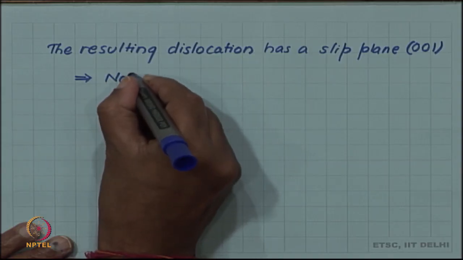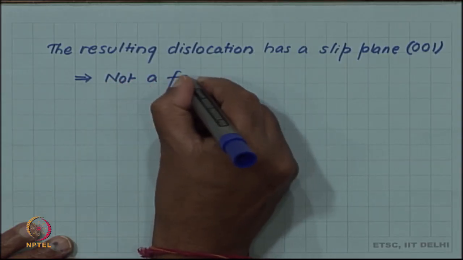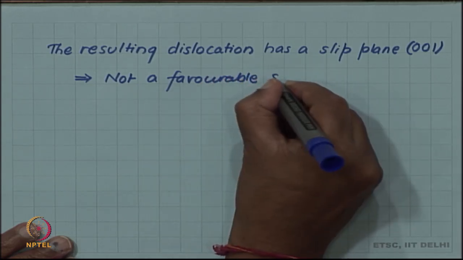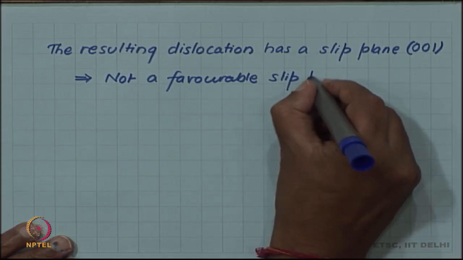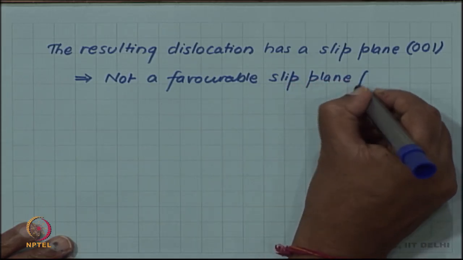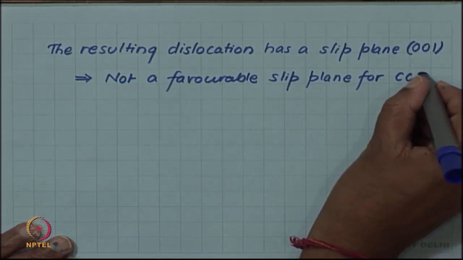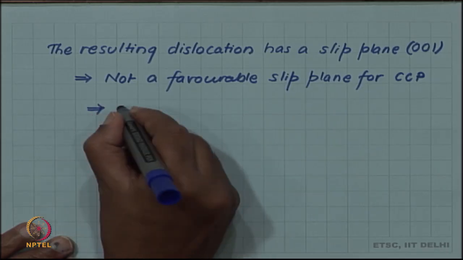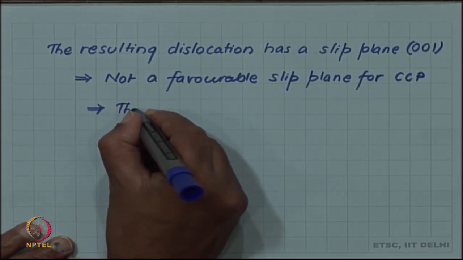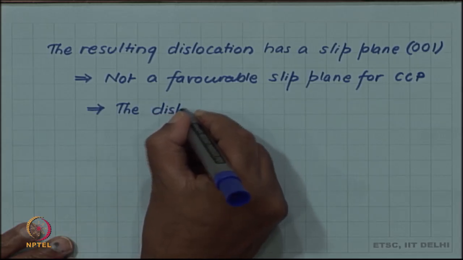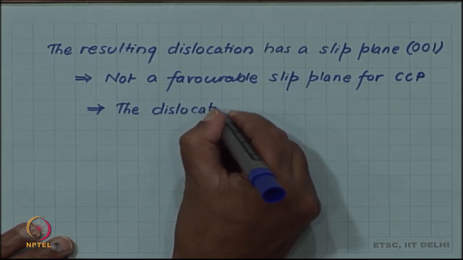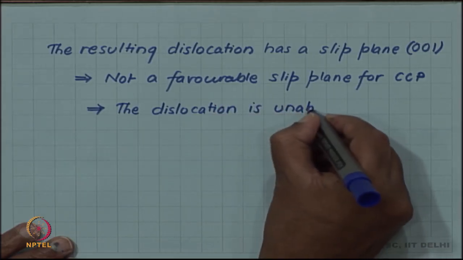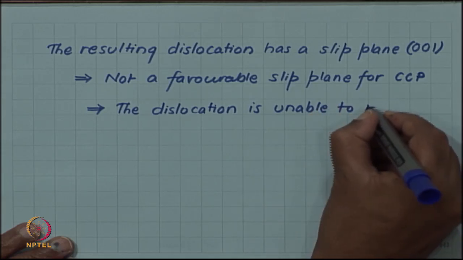This is not a favorable slip plane for the CCP crystal, which is what we are considering, and that is why the dislocation is unable to move.